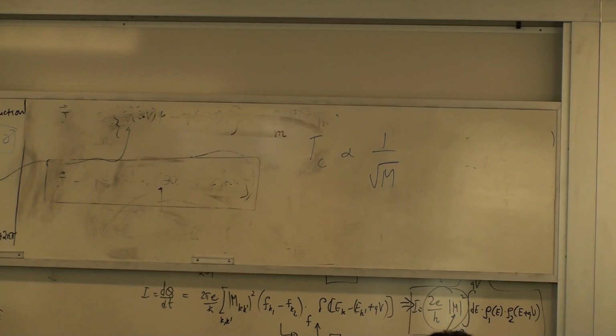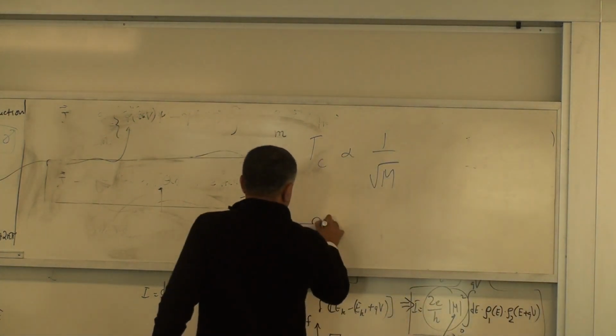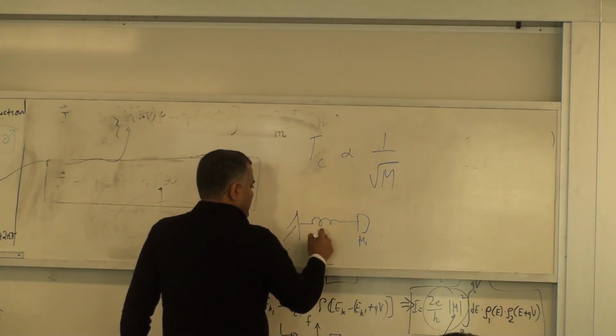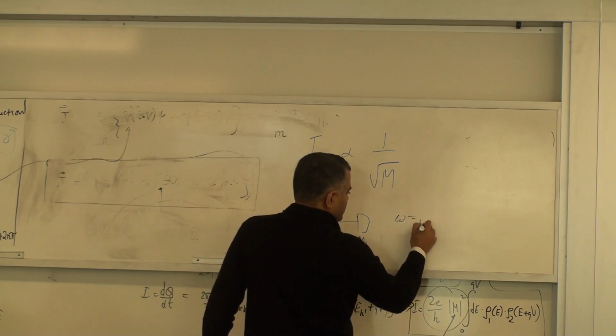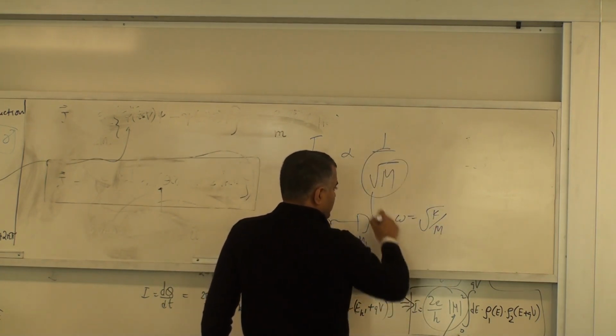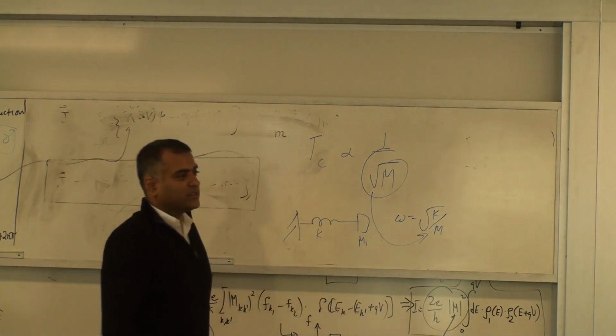Because phonon vibrations, we know, are related to the mass of the atom. And with spring constants, if I have a mass M and a spring constant K, we know that the frequency is the square root of K by M, right? And this immediately gave a hint that it is related to phonons.